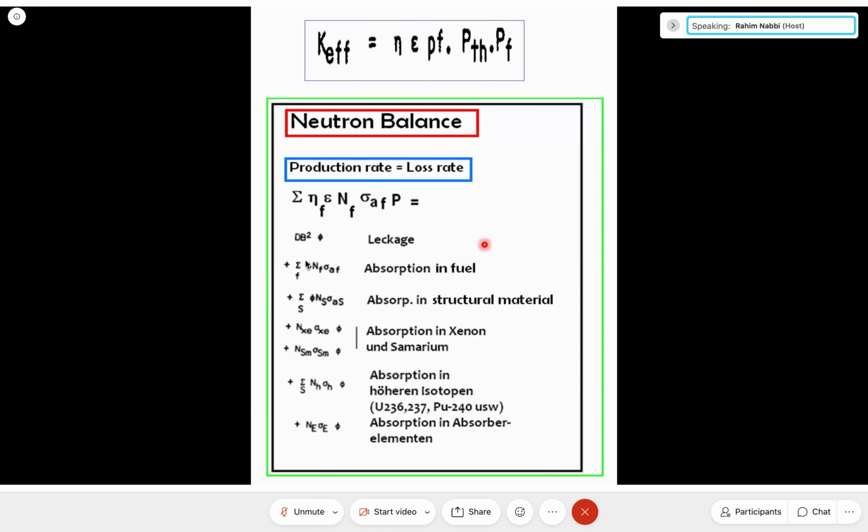So we have to distinguish between two phases. During the operation it is very important, because all radionuclides are produced during that phase. And what is the effect?